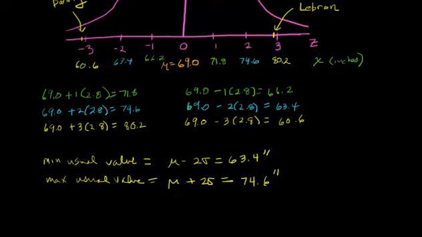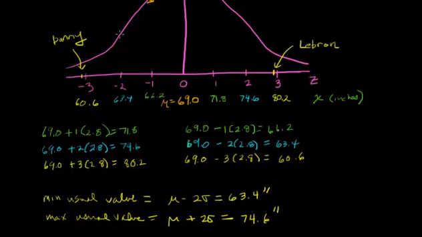And recall, the empirical rule says that 95% of the data will lie within 2 standard deviations. From here to here, this area is 95%. So there's 5% left, 2.5 over here, 2.5 over here. The usual values are in this 95% area. So again, we can see that Danny DeVito's height is below the usual values and LeBron James' height is above the usual values.